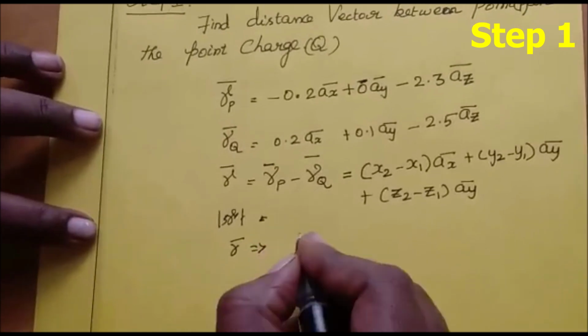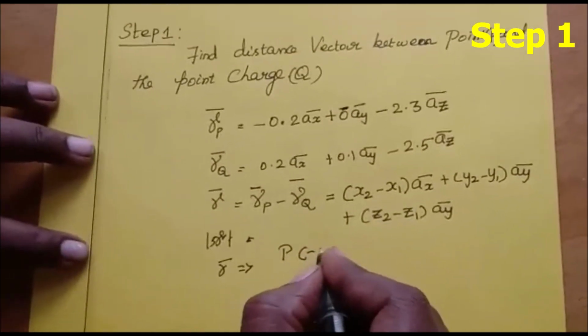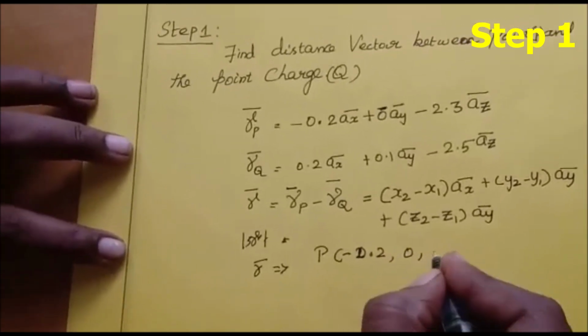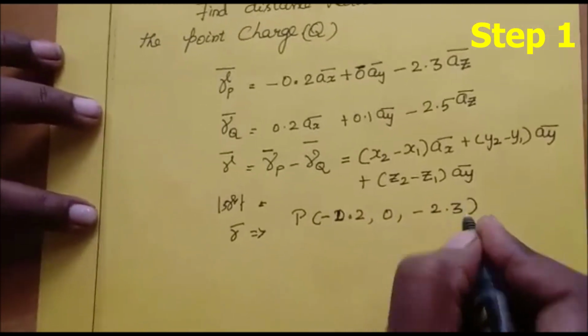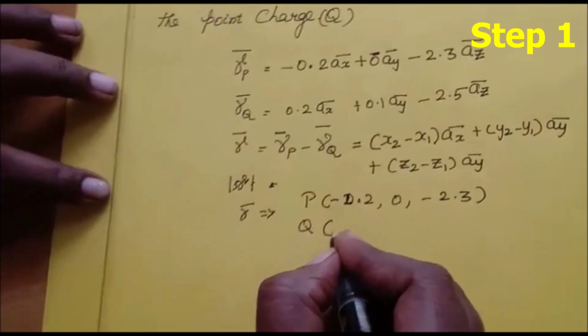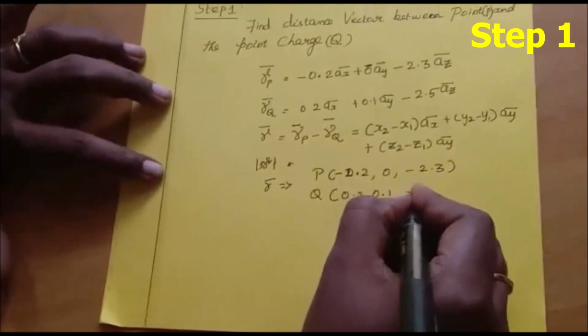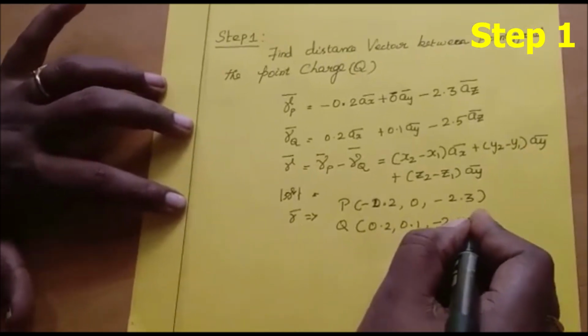So how will you calculate this R vector? Here we are taking the point as minus 0.2, 0, minus 2.3 and the charge Q as 0.2, 0.1, minus 2.5.